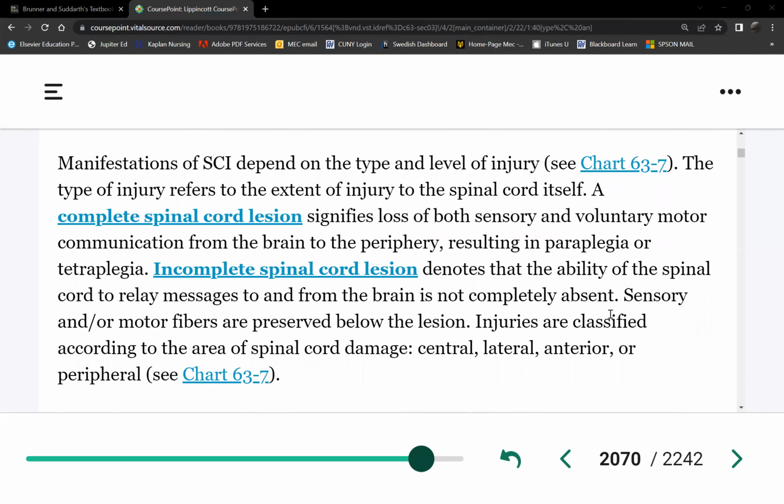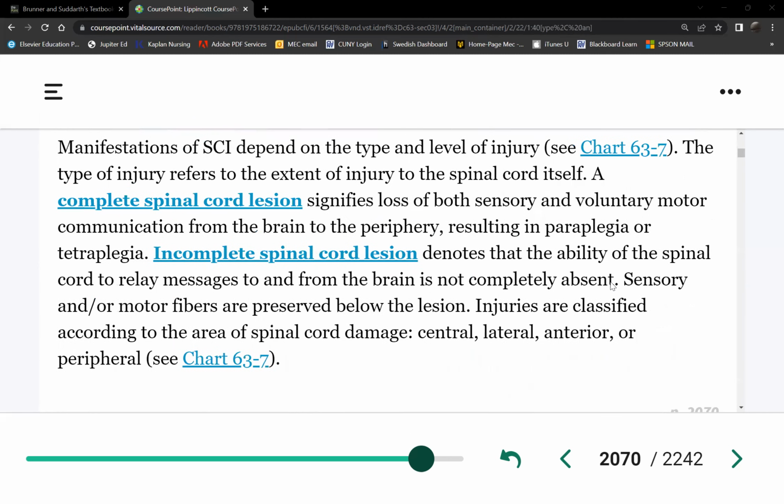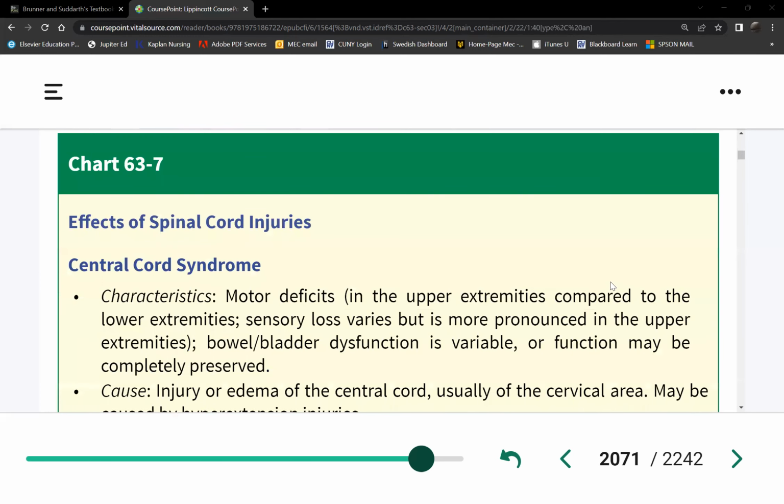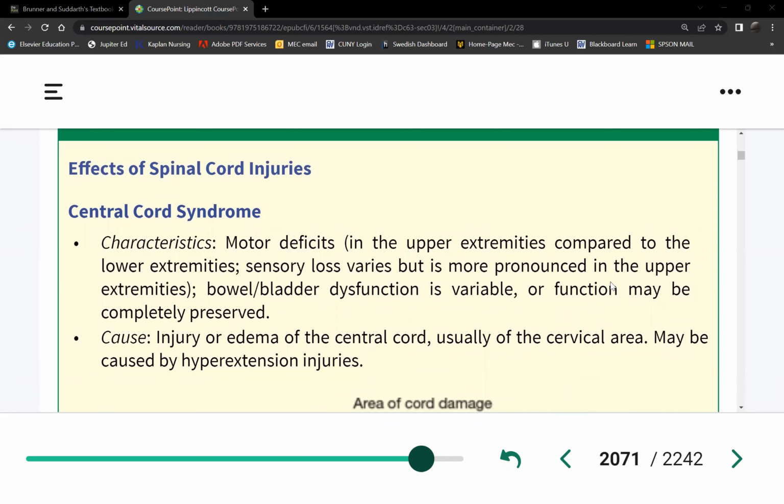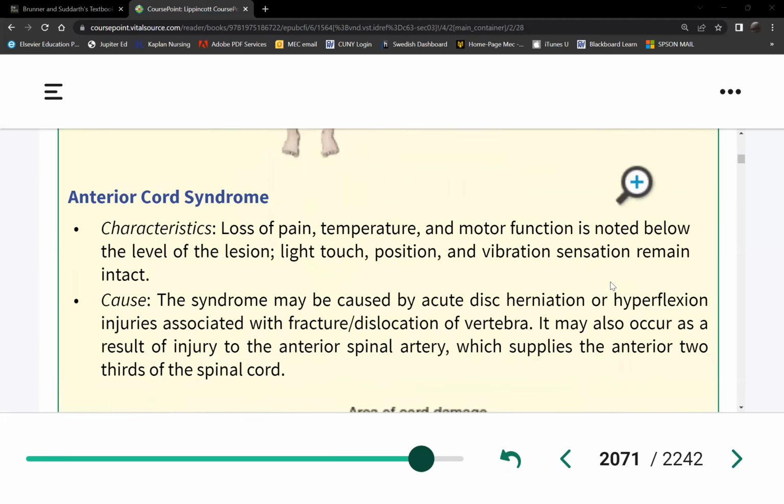Manifestations again will depend on the level of spinal cord injury, whether it's cervical, thoracic, lumbar, or sacral. We will not test this chart because this is talking about certain syndromes, like central cord and anterior cord.